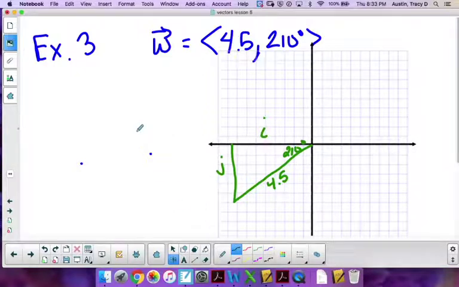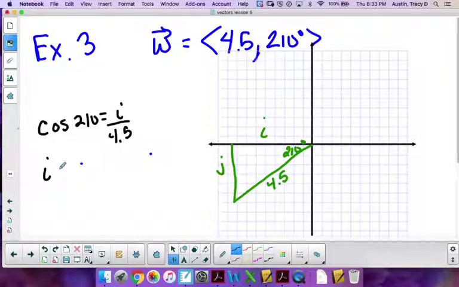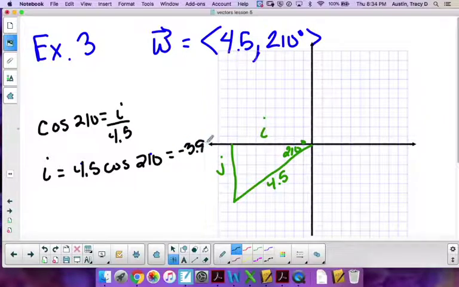Okay, so let's go ahead and set it up. So again, cosine of 210 equals i over 4.5. So that means i equals 4.5 cosine of 210. Okay, and that's going to equal negative 3.90, and I'll give you a minute. Go ahead and you do j.